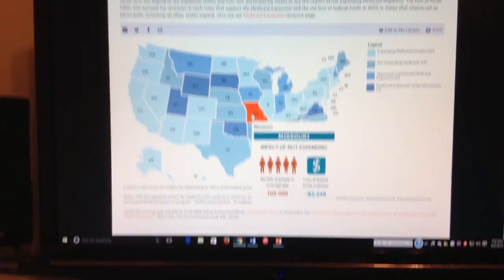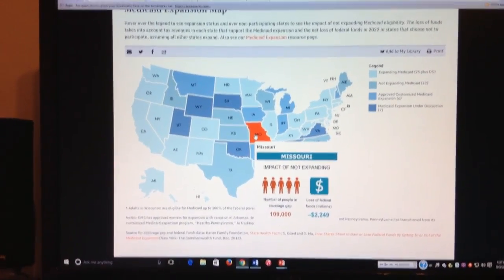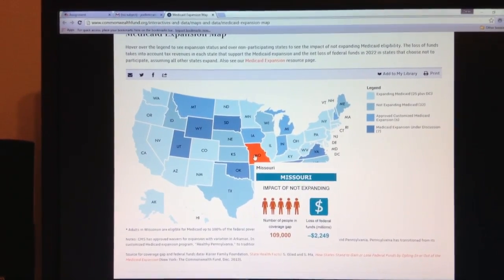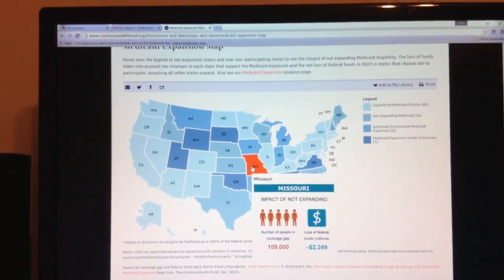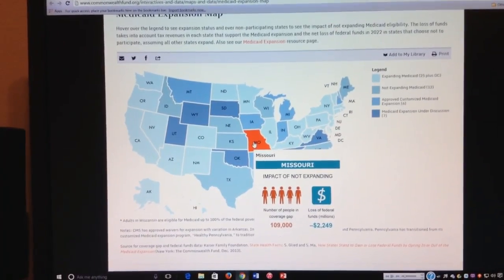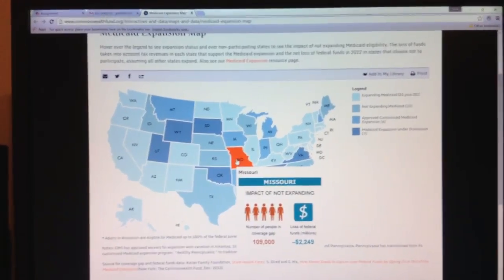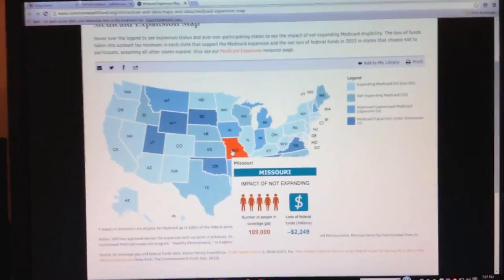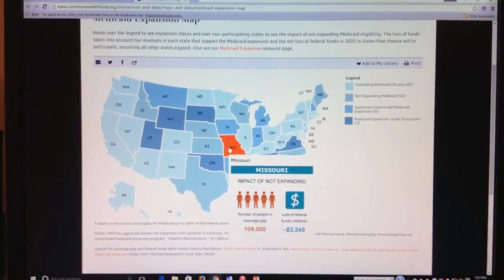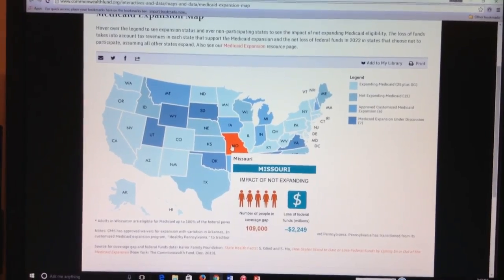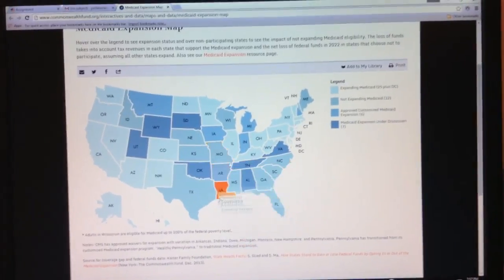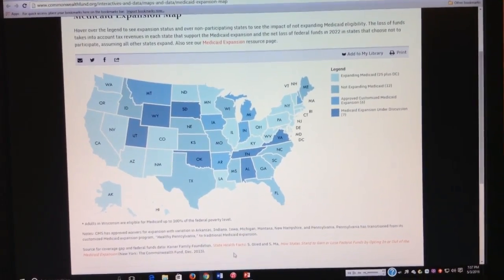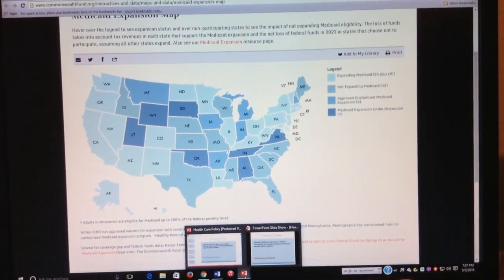And as you can see, they're not going to lose quite as much as Texas, but it lists the number of people in that coverage gap. I just thought that was kind of interesting that states are taking more of a responsibility in healthcare and expanding their services. We'll go back to the PowerPoint.